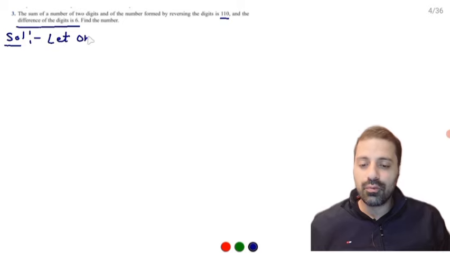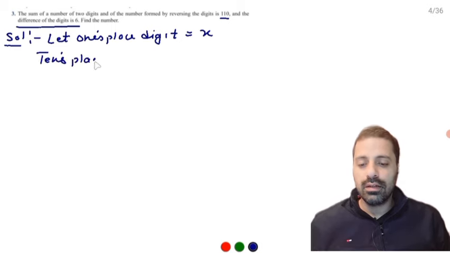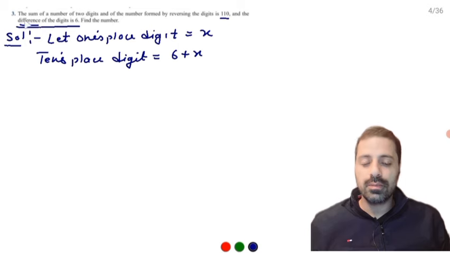First we have to assume the ones place digit. Let the ones place digit be equal to x. Then the tens place digit will be 6 plus x.